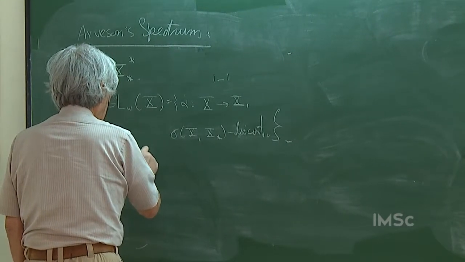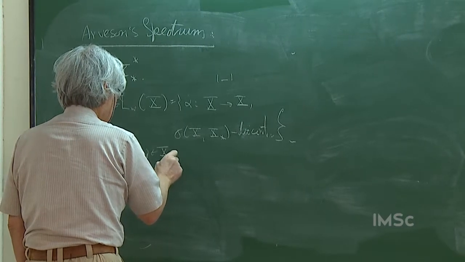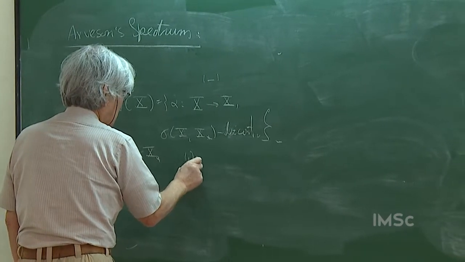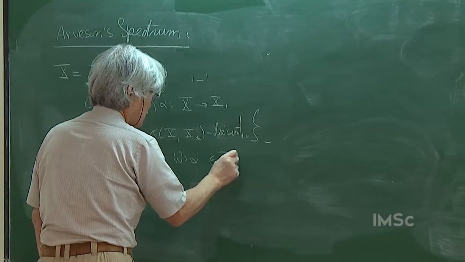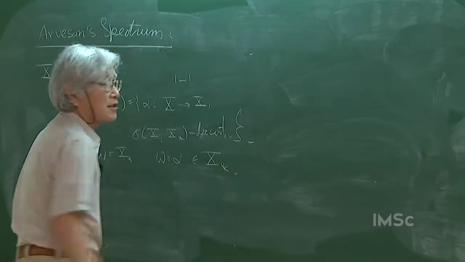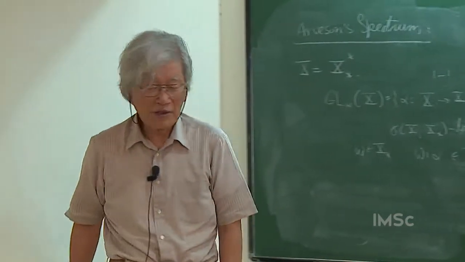If omega is in X star, then omega following alpha is another element in X star. That is the assumption.